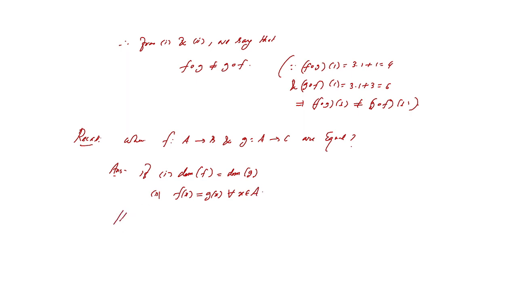That implies then we conclude that f equals g. So what I conclude, two maps will be equal if and only if two conditions hold: f(x) equals g(x) for all x belongs to A, and domain of f equals domain of g.